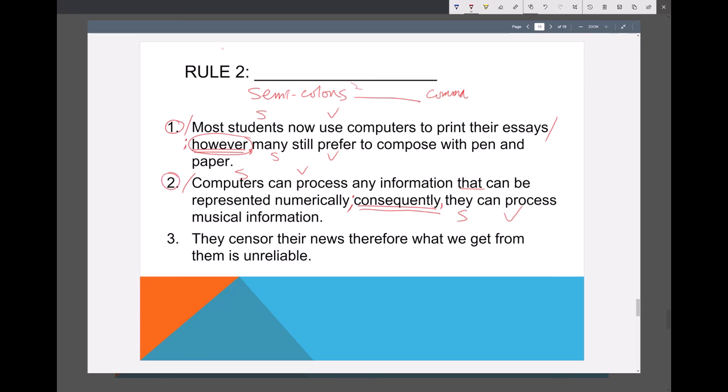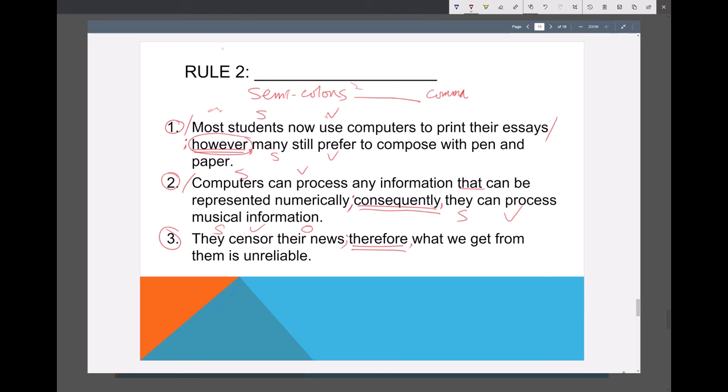Last one, number 3. They censor their news; therefore, what we get from them is unreliable. So, you have they censor their news, then a semicolon, transition word there. And after the transition word, what we get from them is unreliable.